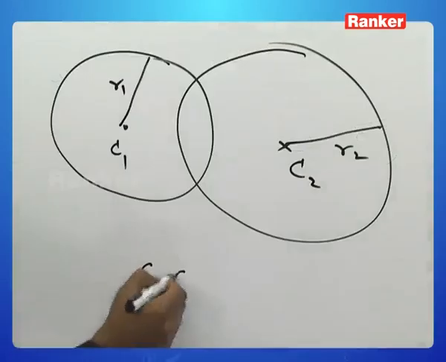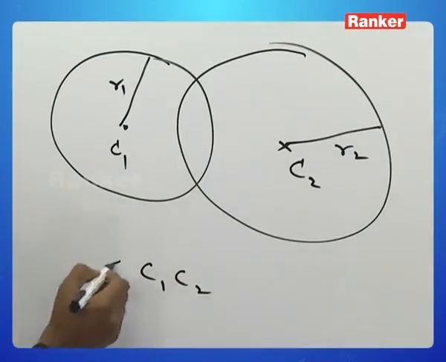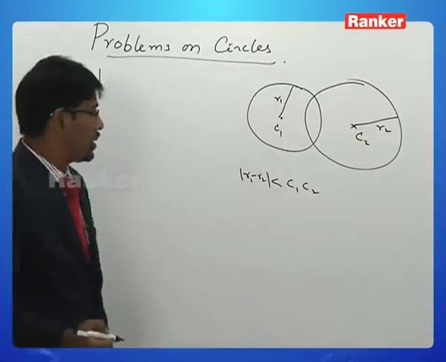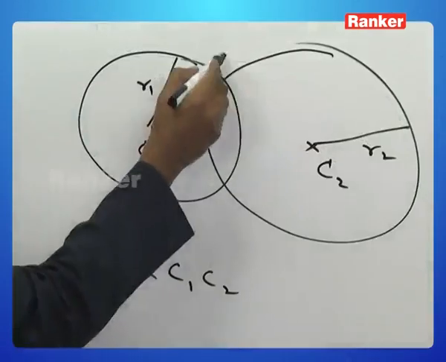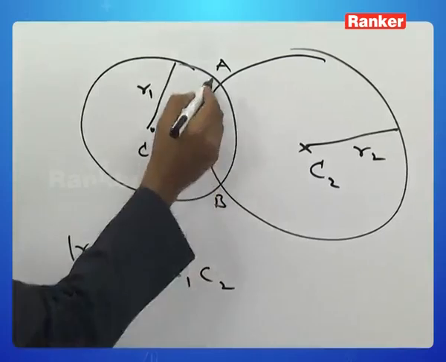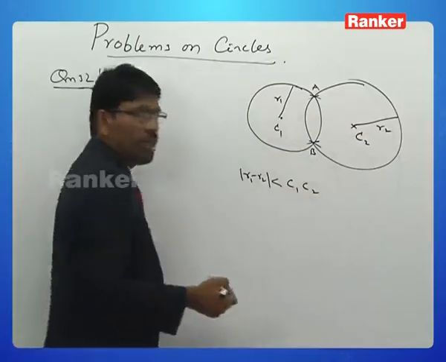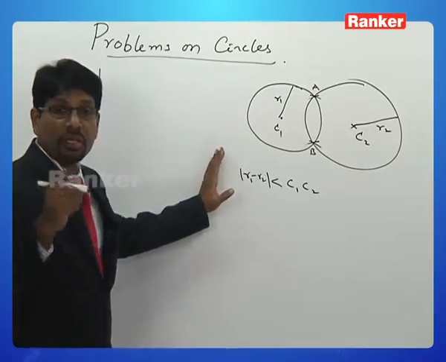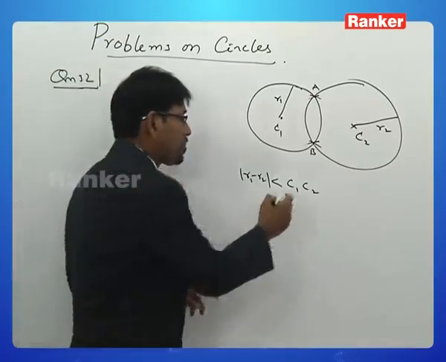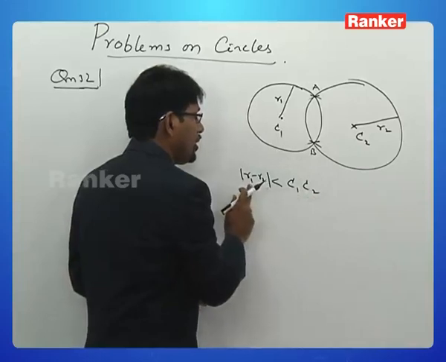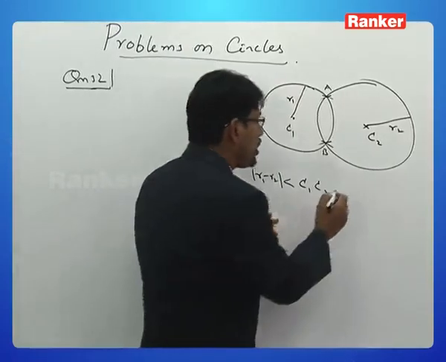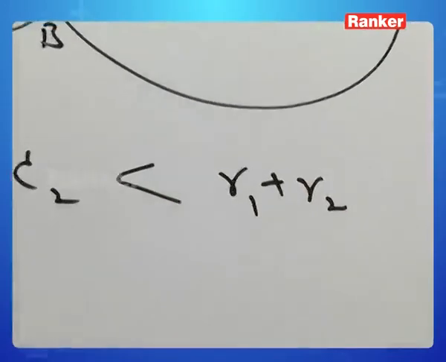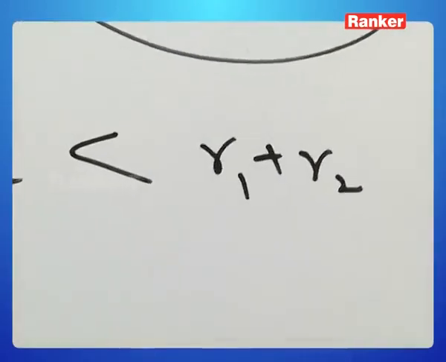The distance between the centers must be greater than the difference of the radii and also less than the sum of the radii. So we'll use this criterion here.